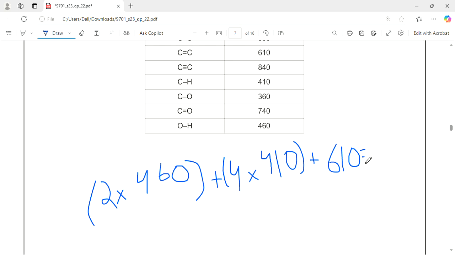First calculate 2 into 460, plus 4 into 410, plus 610. So it is equal to 3170.